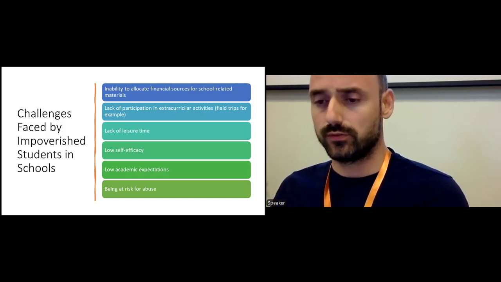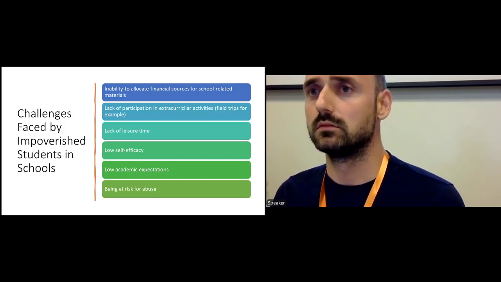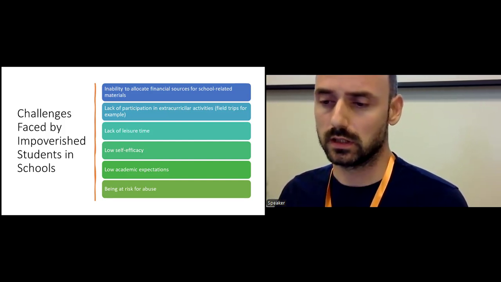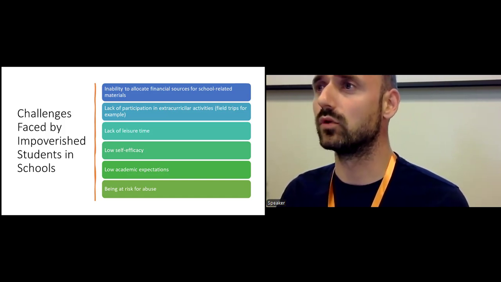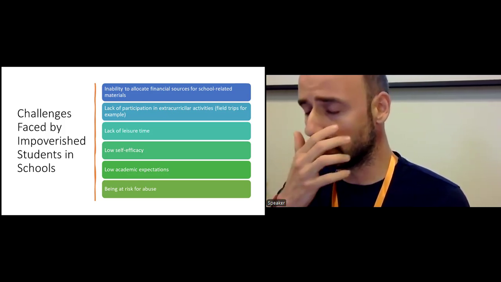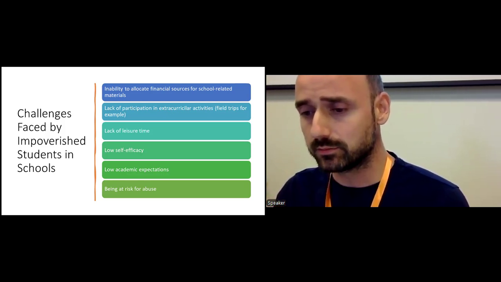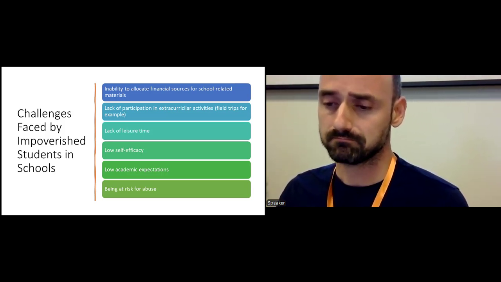The other challenge faced by impoverished students in schools is low self-efficacy. Impoverished students hear a lot, we can't do that, I can't go, you can't go there, we can't afford it. And if this situation constantly happens, that might trigger low self-efficacy in school contexts.